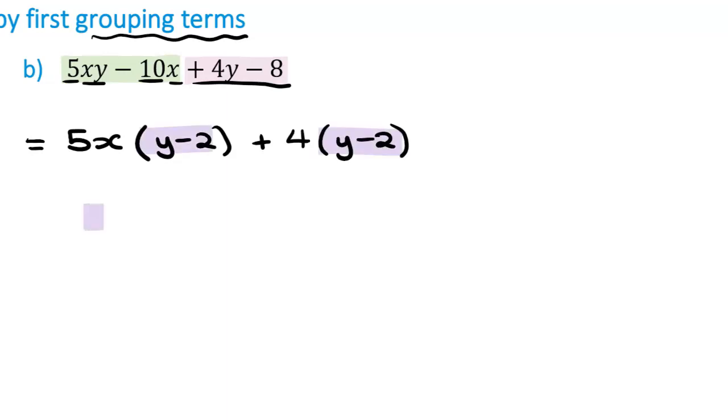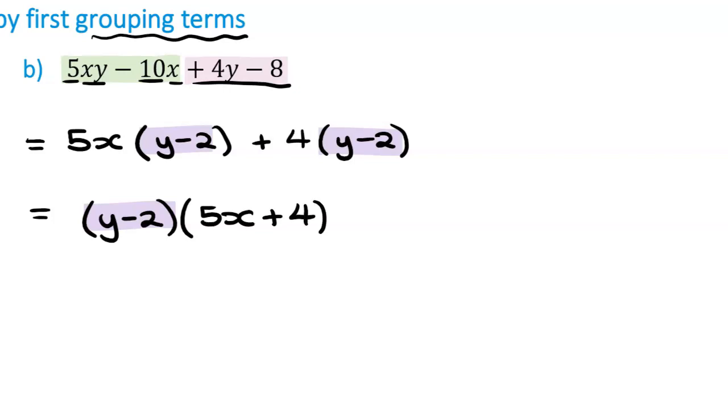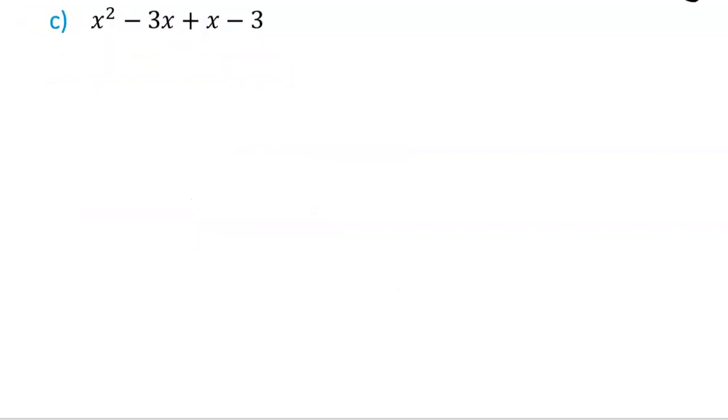You can see that we've got a y minus 2 in common. Y minus 2. And then what goes inside of the other bracket? We just scoop up what was attached to it, 5x plus 4. And that's our final form there. We've got everything nicely in brackets. That's what factorizing means.